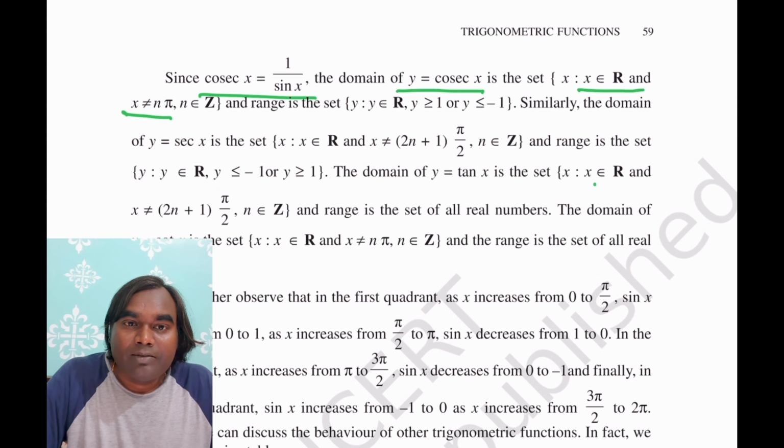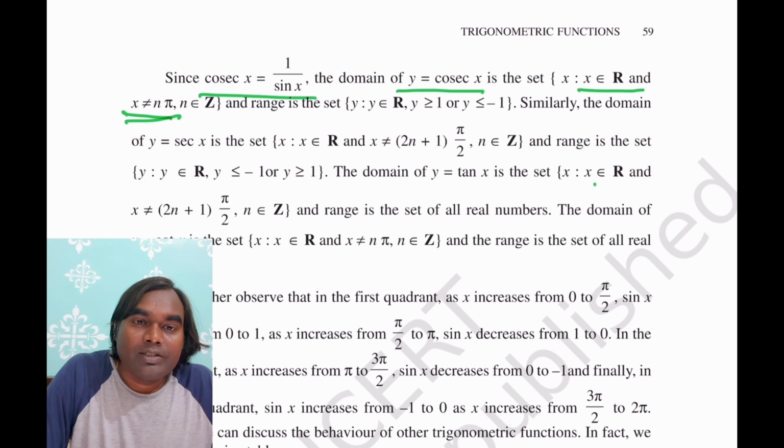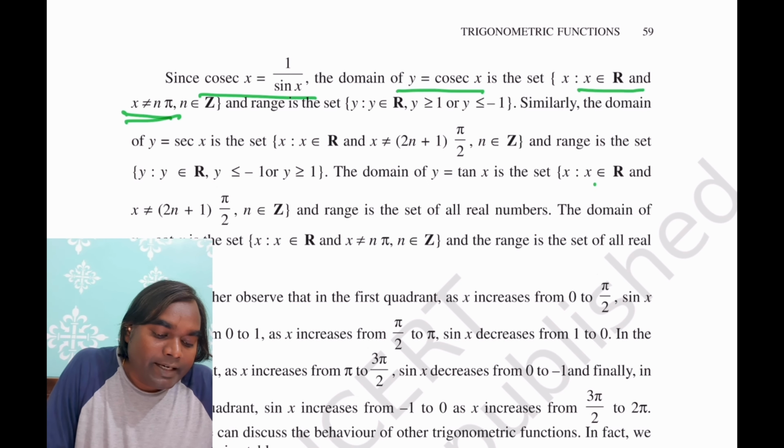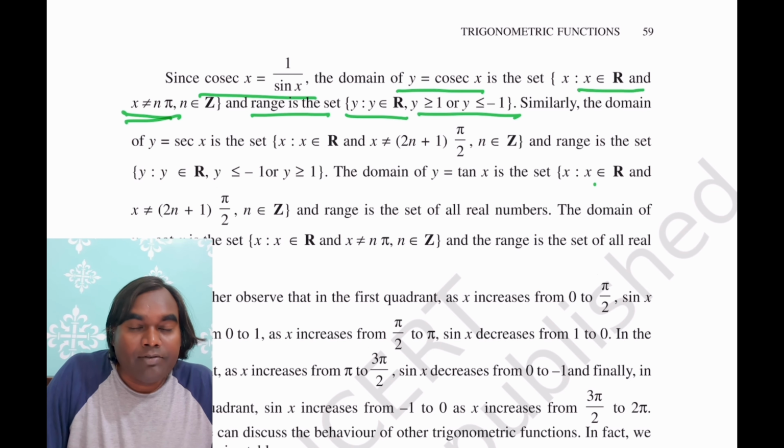So we will not take the value x equal to n pi in the case of cosec x. So the condition is that for y equal to cosec x, x should not be equal to n pi. And the range is the set of real numbers, and here the value for y will be greater than or equal to 1 or y is less than or equal to minus 1. That is just opposite to the value for sin x.